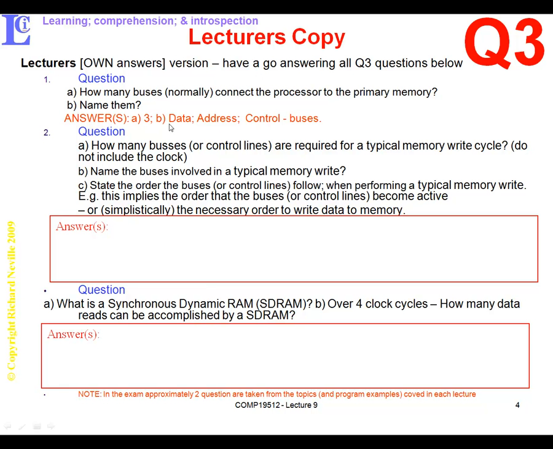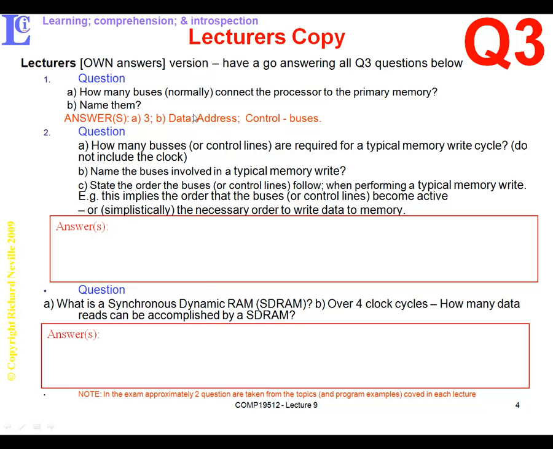The first bus really should be the address bus, because the processor puts out the address first on this bus, and then via the control bus he tells the memory that this is a valid address, and he enables that with a control line going high, which is the enable line going high.